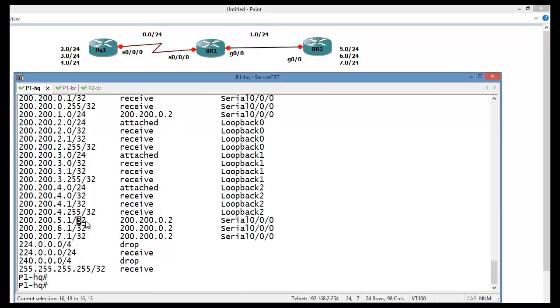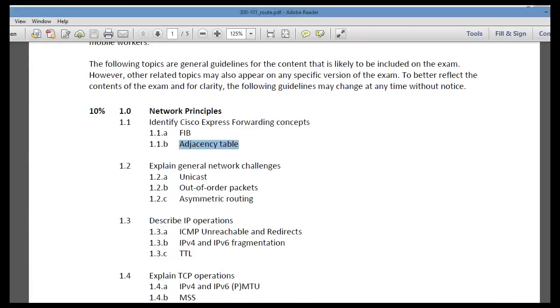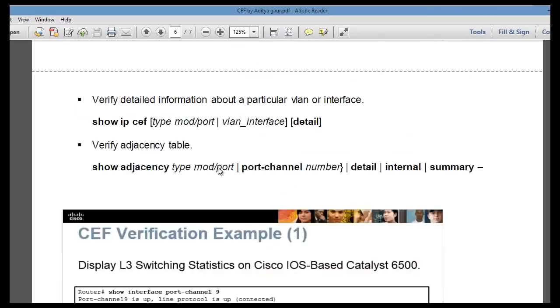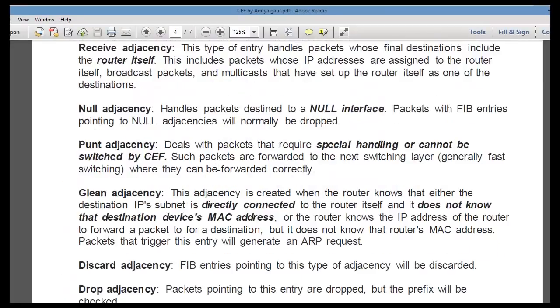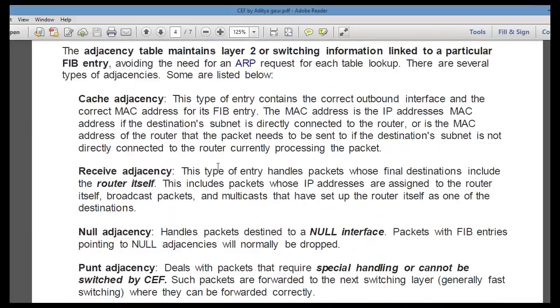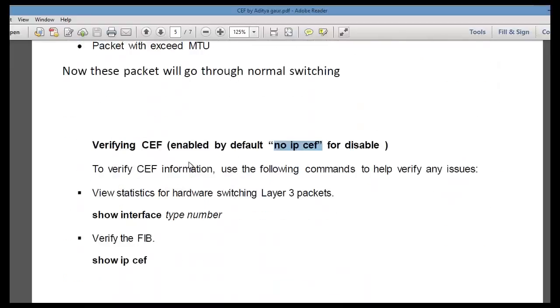This shows /32 because these are the loopback addresses and I am running OSPF. And similarly, the multicast needs to be dropped, and the multicast originated from these, receive, means directly connected to you. These things I have already described in the PDF file. You can go ahead and find the adjacency table and the detail of adjacency. So this is the first one that we can describe.